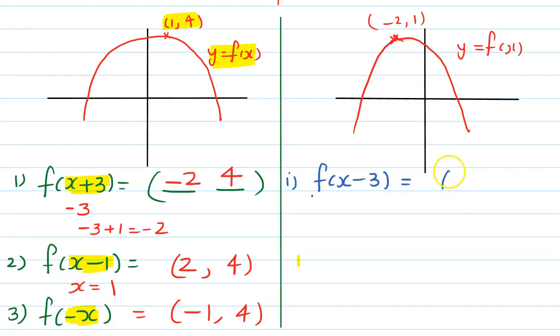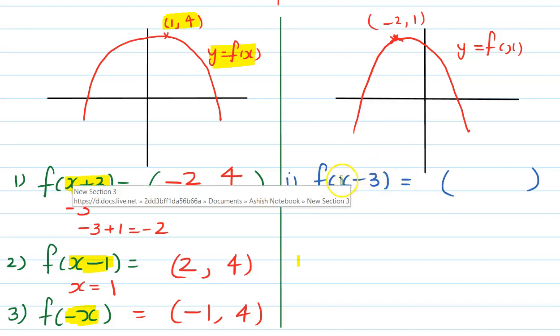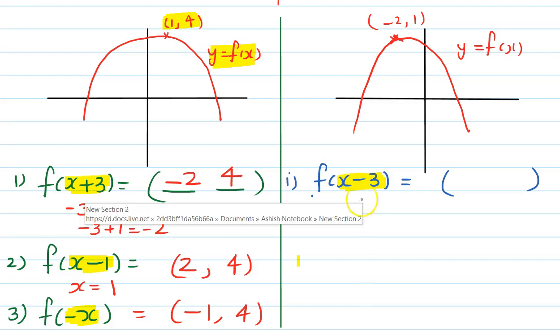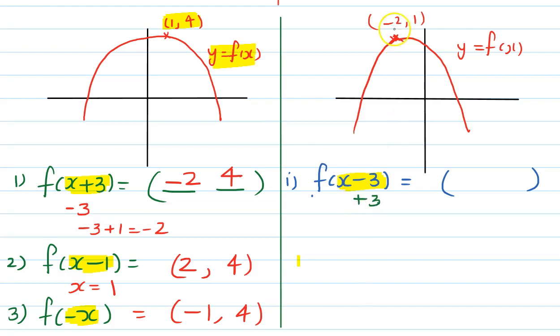What will be the coordinate of f(x minus 3)? Is it inside the bracket or outside the bracket? Yes, definitely it is inside the bracket. Inside the bracket, x changes with the sign. Here it is minus 3, so it will be plus 3, and minus 2 is there. Plus 3 and minus 2 will be 1. So the x value will be 1 and the y coordinate remains unchanged: (1, 1).